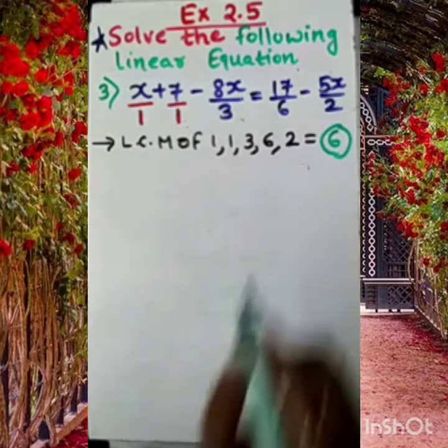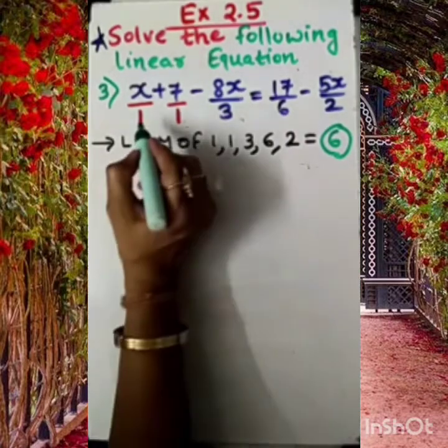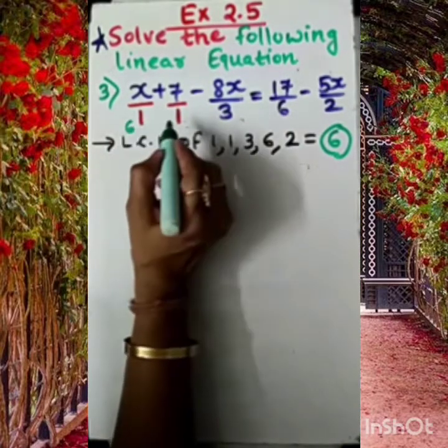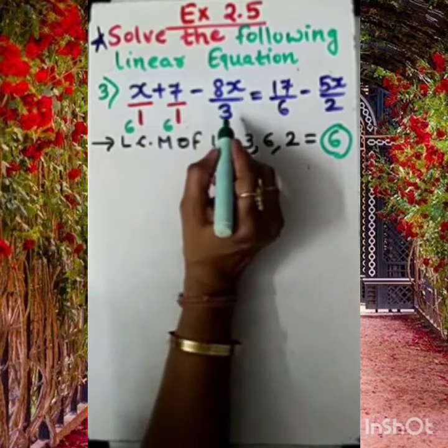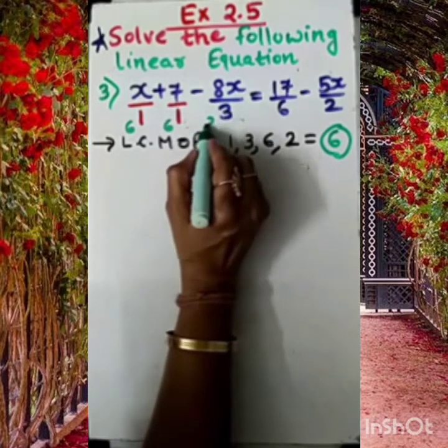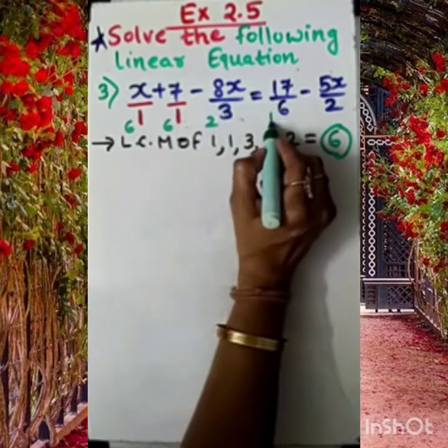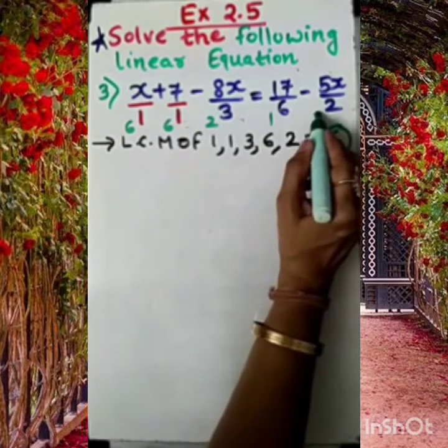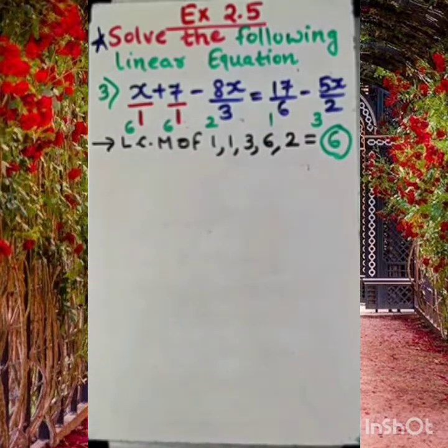Fine. If it is 6, then I need to multiply this 1 with 6. This 1 also with 6. 3 can be multiplied by 2, 3 2s are 6. 6 1s are 6. And of course this 2 3s are 6. Okay. So all the way in the denominator I made them 6 as an LCM.